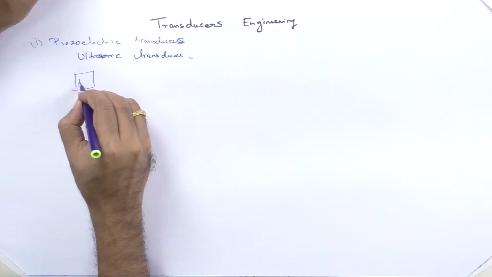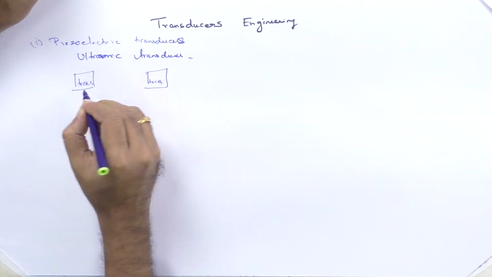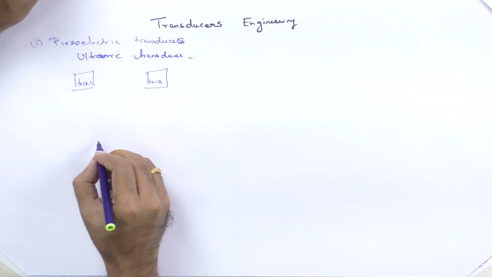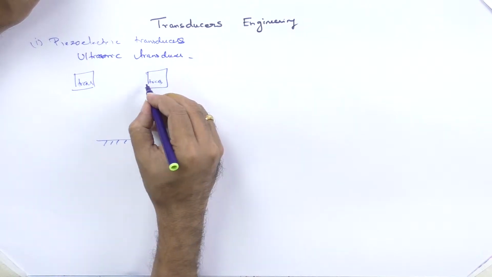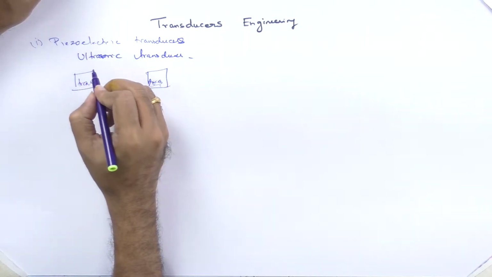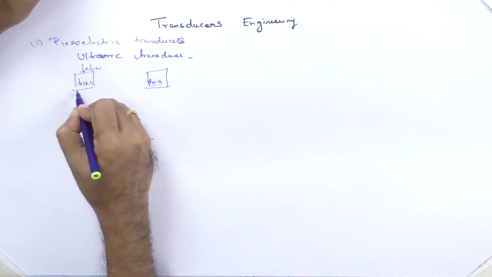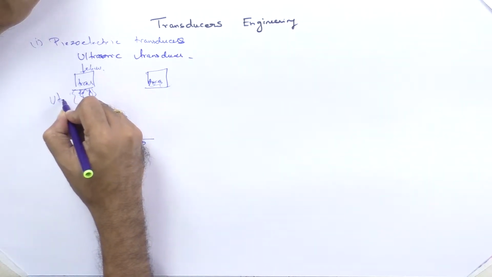So in an ultrasonic transducer, we will be having a transmitter and a receiver. As I already explained, in different types of applications, like level or obstacle detection, let us take an obstacle, this is a transmitter and this is a receiver section. In the transmitter section we give an electrical signal which makes it vibrate and produce ultrasonic frequency.